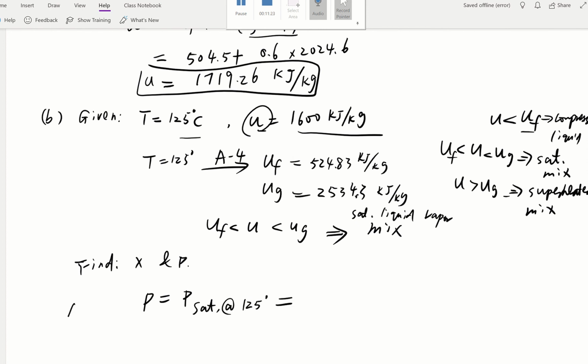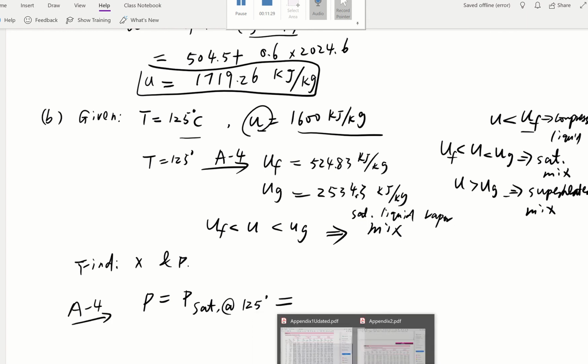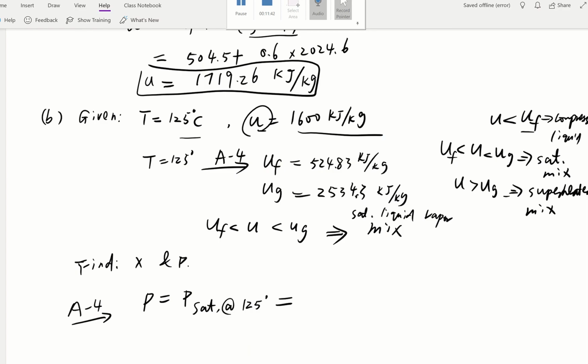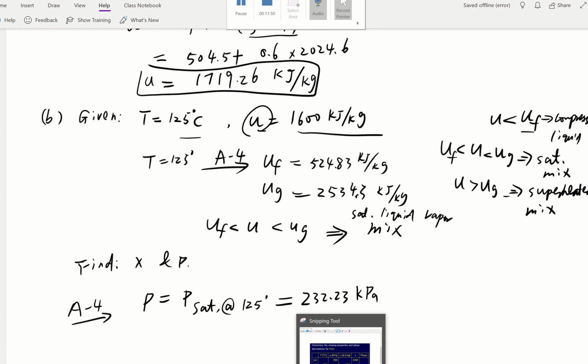Again, that's going to be from our Table A-4 because temperature is given. So go back to the same table, 125, and the first column, that's going to be our saturation pressure, 232.23 kilopascals.